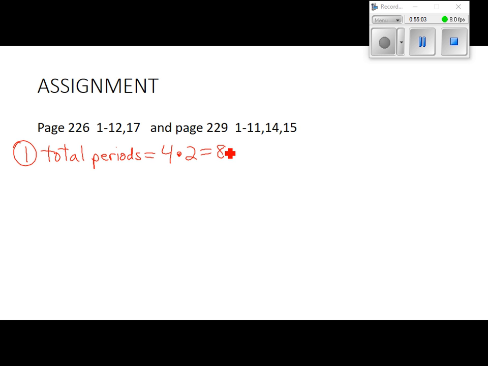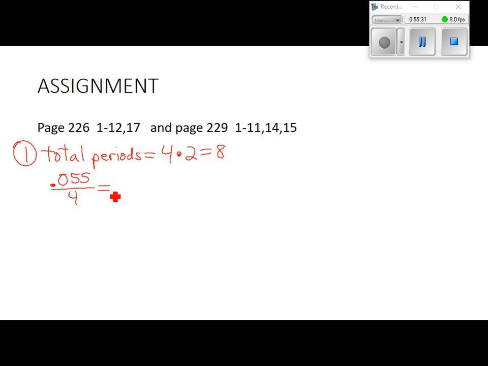Interest rate. What's number 2 say to do? Interest rate per period. So what we do there is we take the interest rate. What's Ed's interest? 5.5%. So 0.055 divided by the number of periods per year, 4.